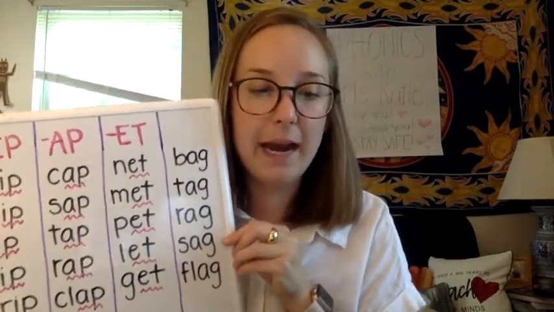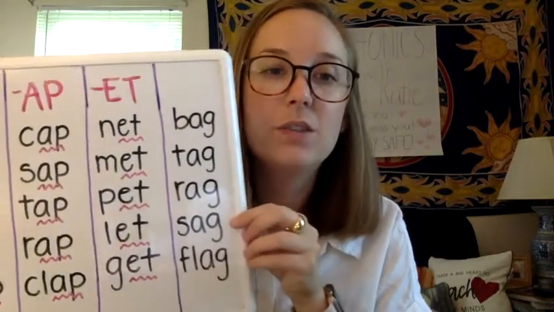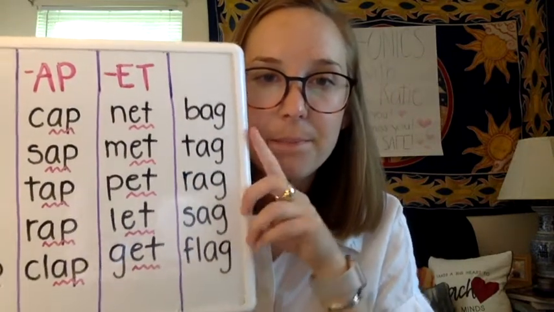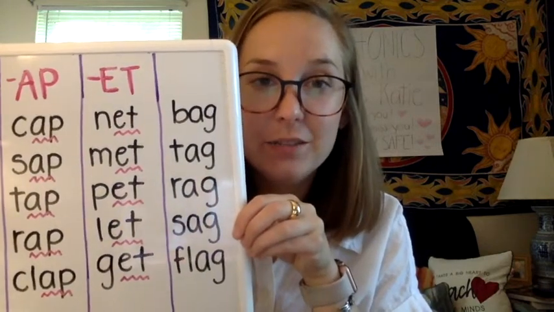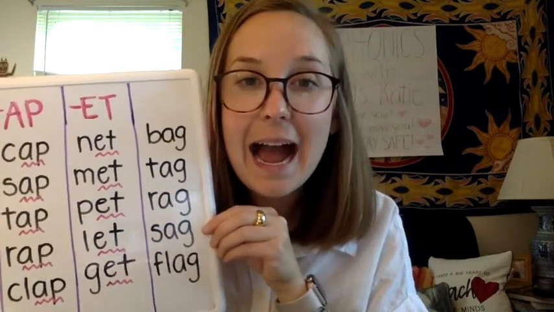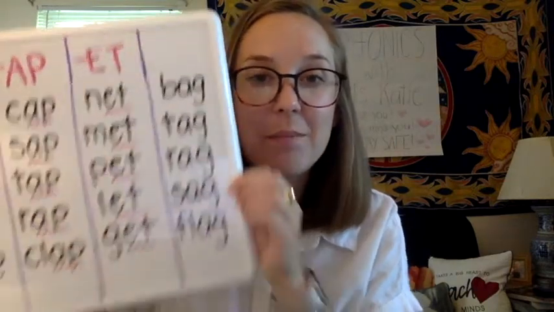So what we know is that these words all are going to have the same pattern on the end. So if we look at these, all of these have an AG on the end, right? So they all have that ag pattern. So I'm going to do the same thing. I'm going to underline my ending and then put that pattern up at the top. So maybe you guys can see what I mean a little better.